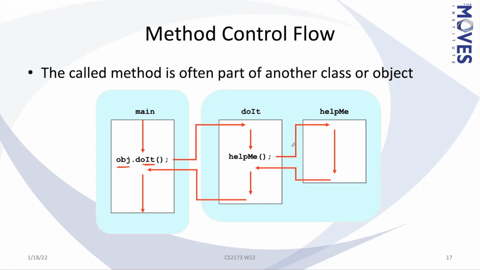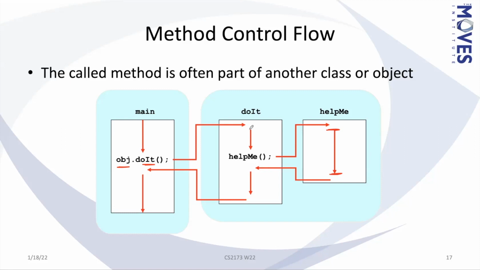So here's a way to take that line by line, top of the page to the bottom of the page flow that many scripting languages have, and deconstruct it a little and apply it within each method. Within each method, that's the rule that follows. The help me method starts at the top and goes to the bottom, where it then returns.